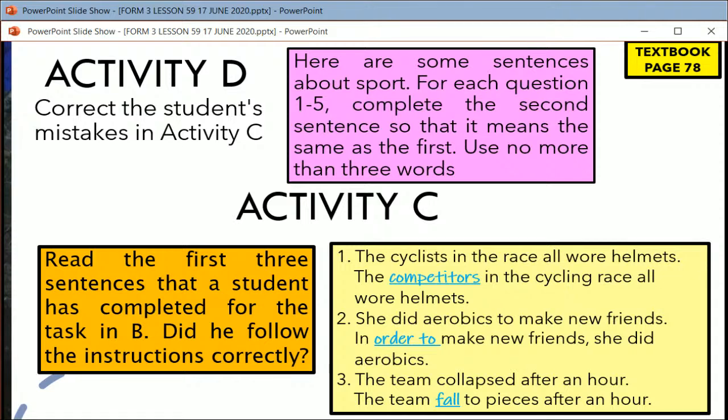Now, you are not listening to my question. What am I asking? I'm asking you whether the learner or the student completed the task that gives the same meaning as the first and uses no more than 3 words. That's all I'm asking. I'm not asking whether the answer is right or wrong.